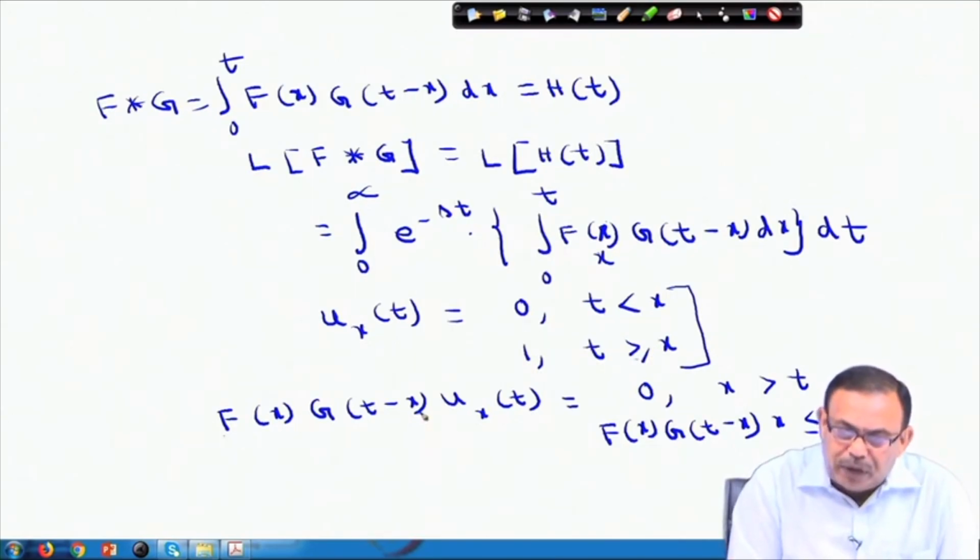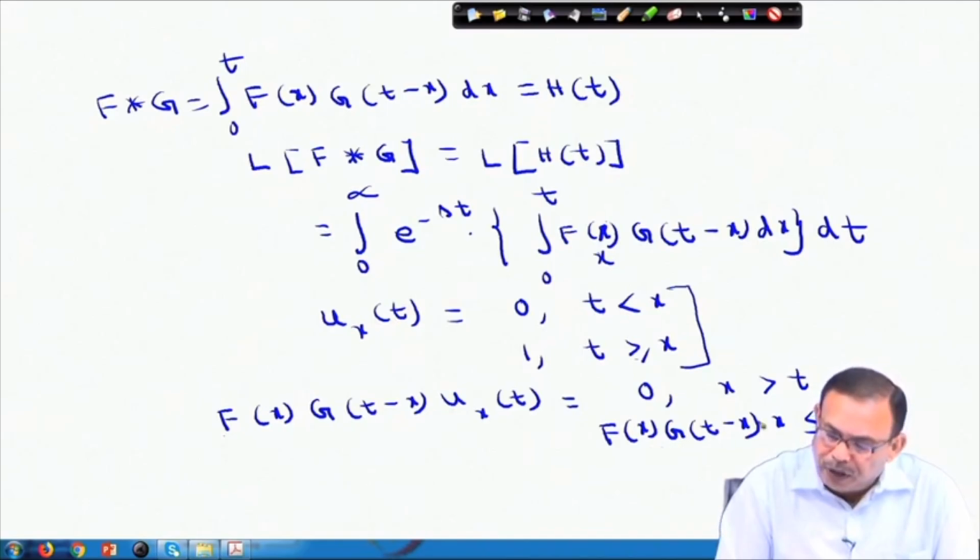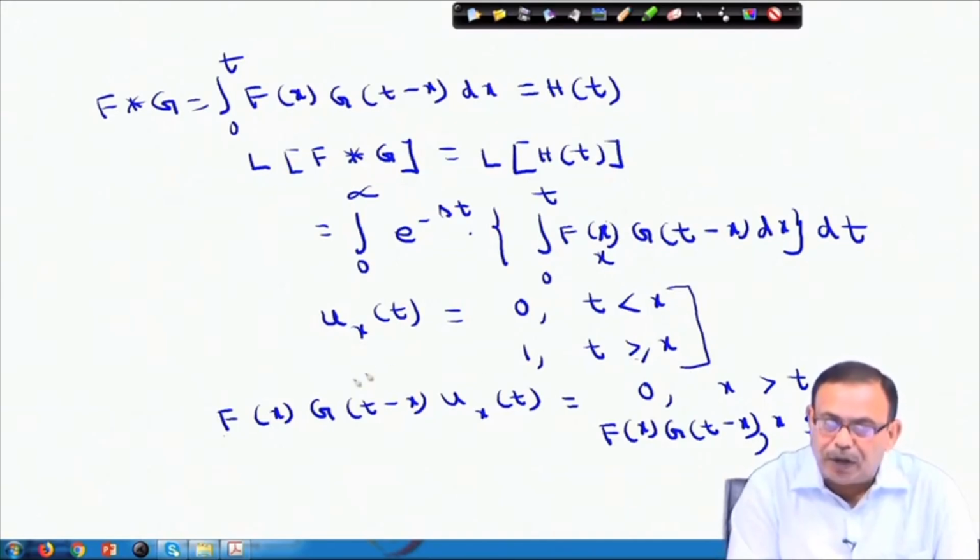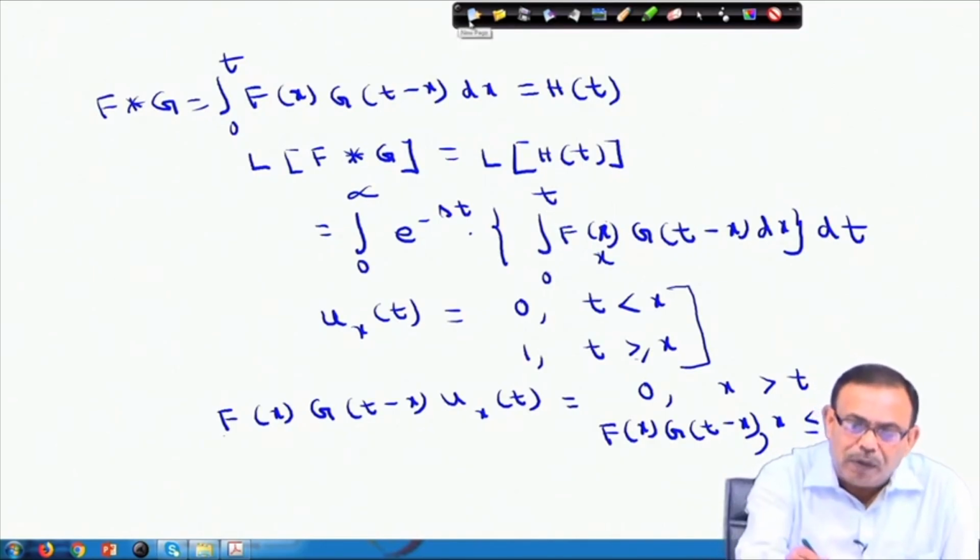And whenever I multiply by this function, my new function is 0 for x greater than t and is equal to f(x) g(t minus x) for x less than or equal to t. Therefore, if I take this function multiplying the 0 to t limit, now I can make it 0 to infinity, because for x greater than t, the value of the function vanishes.